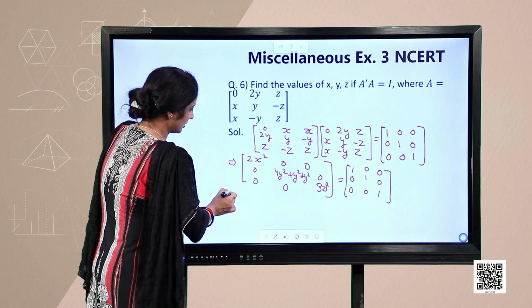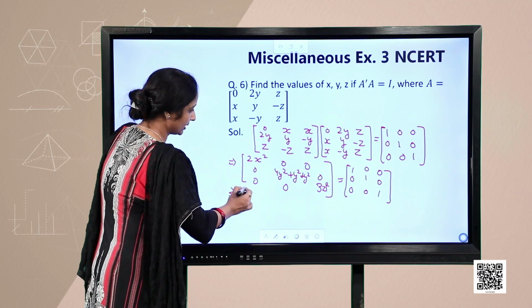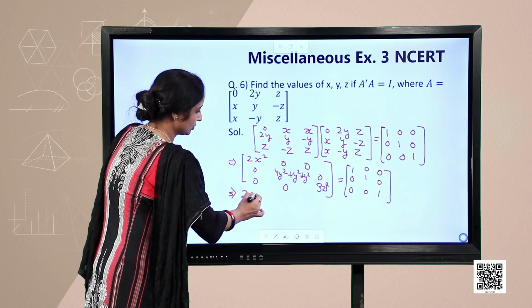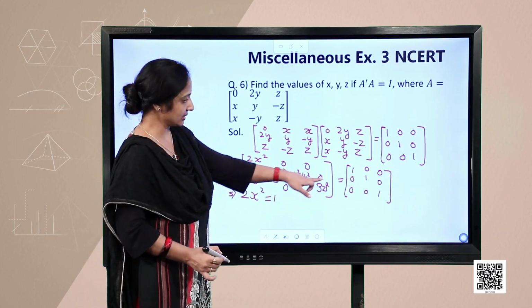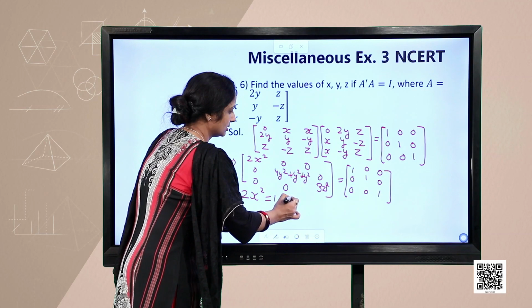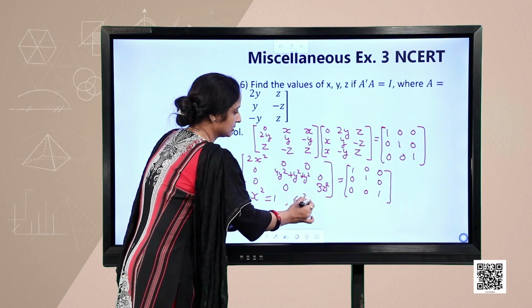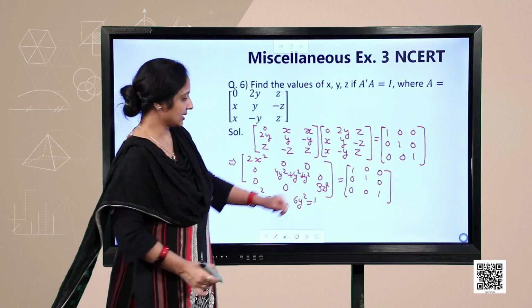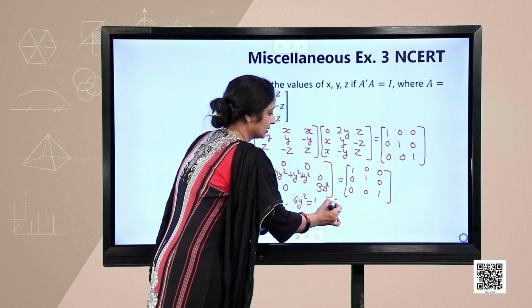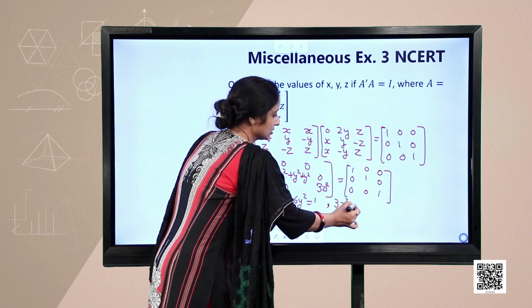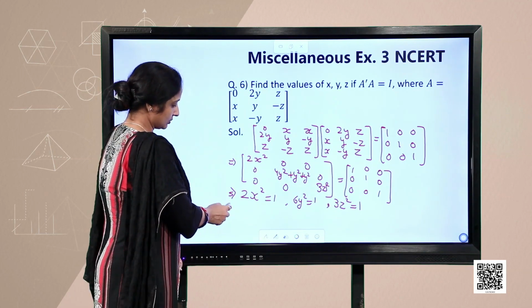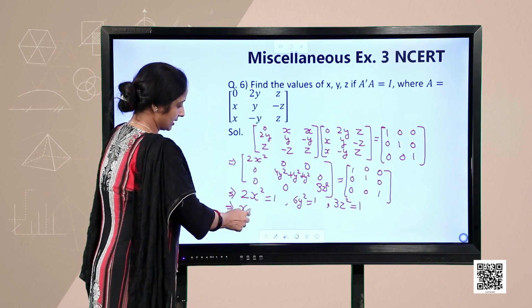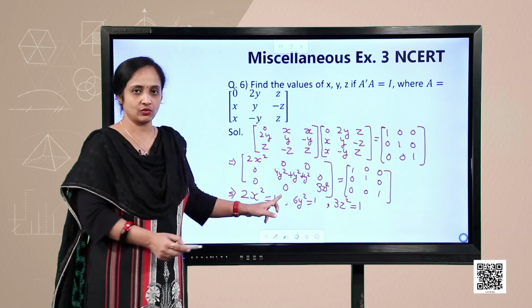Then you can equate the corresponding elements, which is giving you 2x square as 1. This is actually 6y square. So, this is giving us 6y square as 1. Last term is 3z square, which is also equal to 1. So, all these terms are giving you, like here x square is equal to 1 by 2.